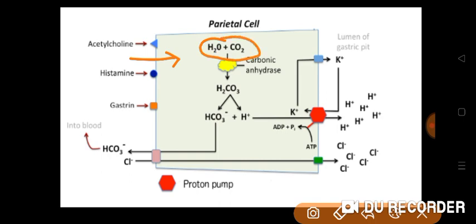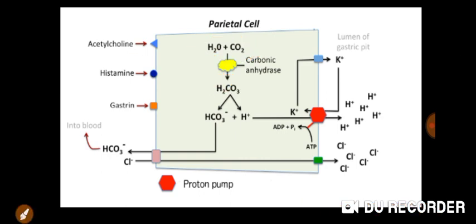From the interstitial fluid, CO2 comes into the parietal cells, and there is a reaction with the water and a formation of H2CO3, that is carbonic acid, with the help of the enzyme carbonic anhydrase.